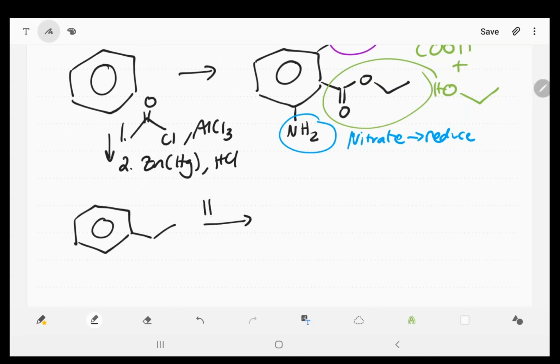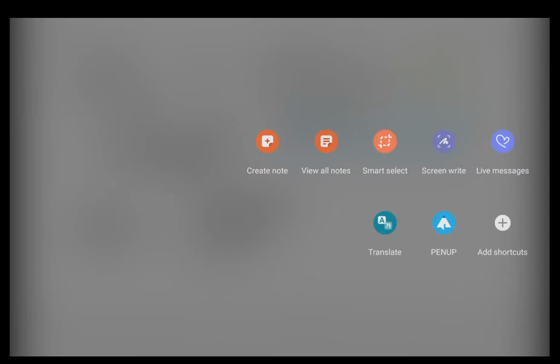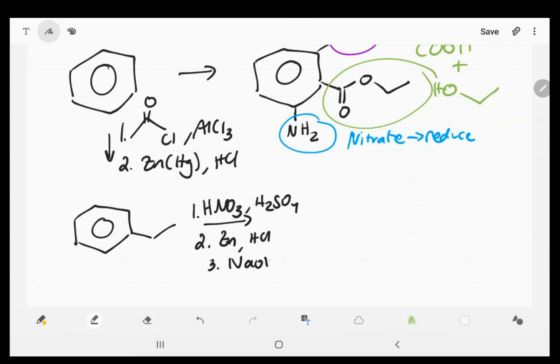What do we have here? More zinc and HCl. No, NaOH. Perfect. We have our amine on now.